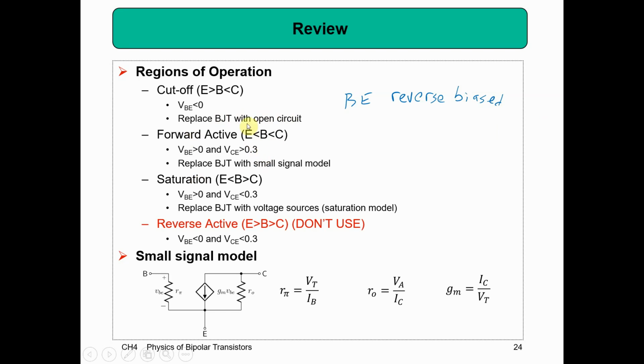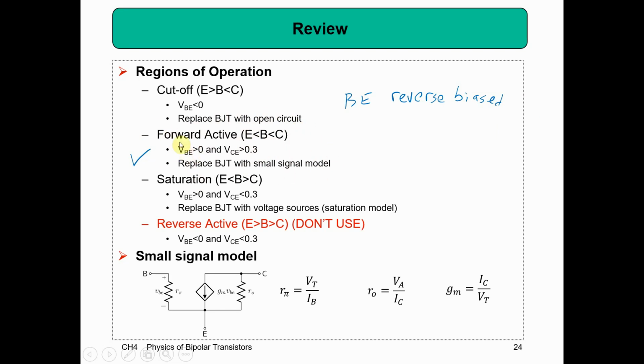Forward active. This is the main region that we want to stay in for this class. This is the one where we can replace the transistor with a small signal model. It acts as a dependent current source. This is where we're actually going to be able to make our transistor into an amplifier. So this is where we want to be all the time.